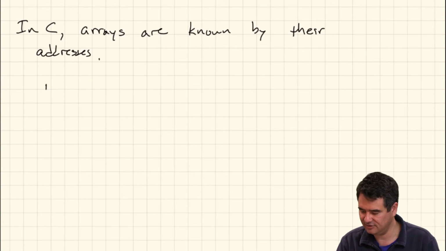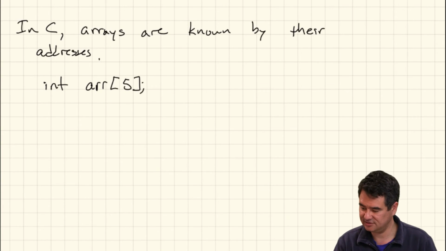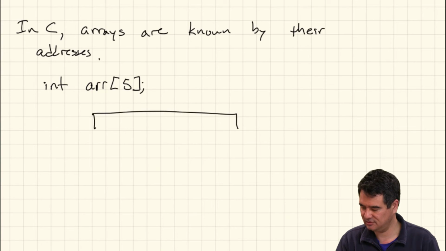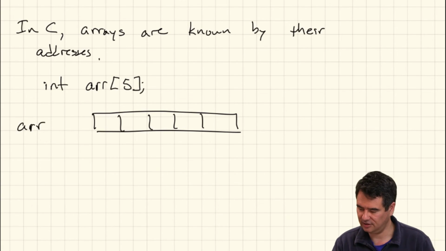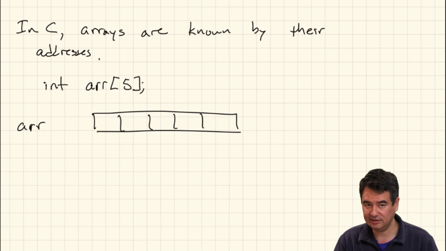So let's say I have int arr[5]. What this says is arr is an array of 5 integers: 1, 2, 3, 4. This array lives somewhere in memory, and let's say the first box lives at address 1000.